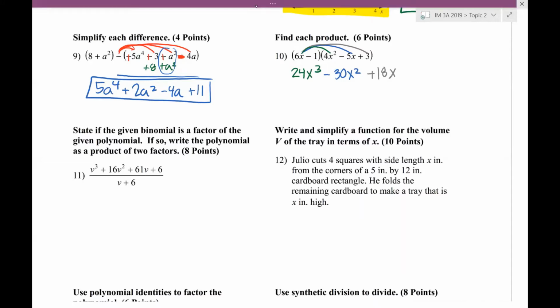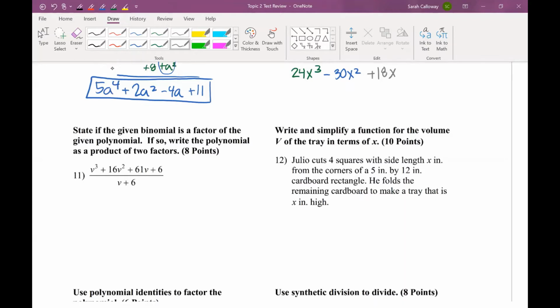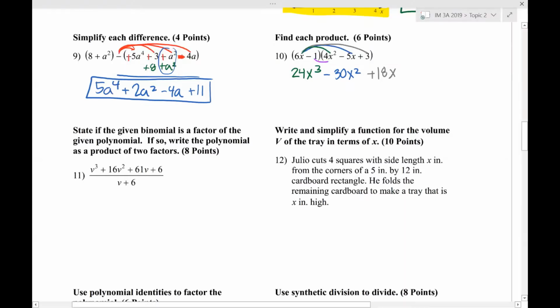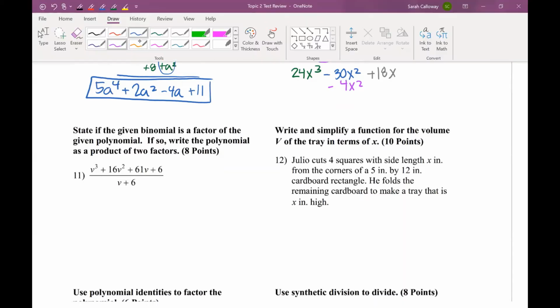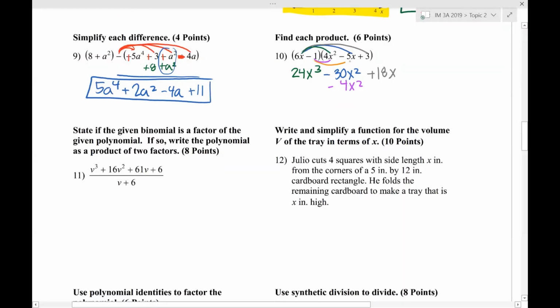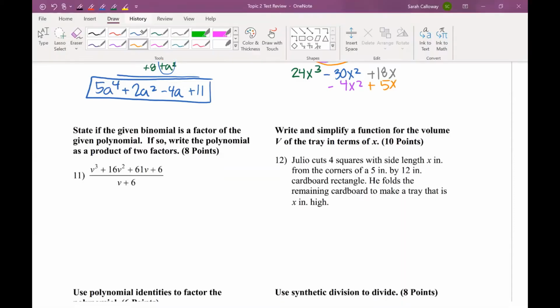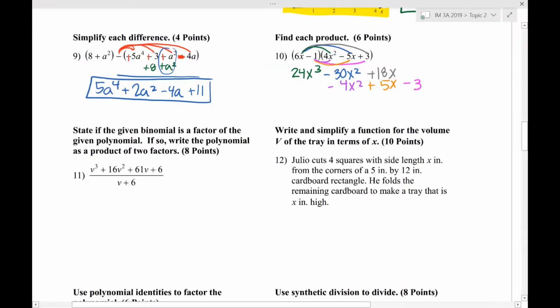Then we look at the next number in that binomial and multiply that through. Negative 1 is just going to change signs, so I'm going to turn positive 4x squared into negative 4x squared. Negative 1 times negative 5x is plus 5x. And finally, negative 1 times 3 is minus 3.